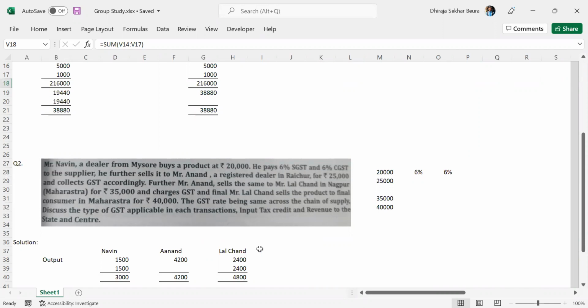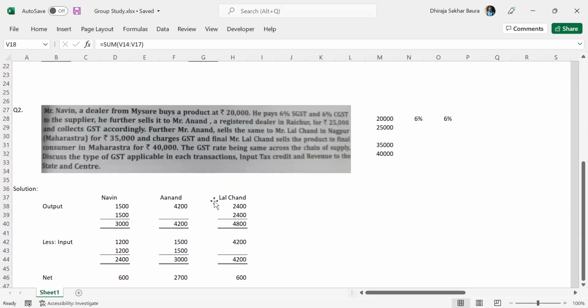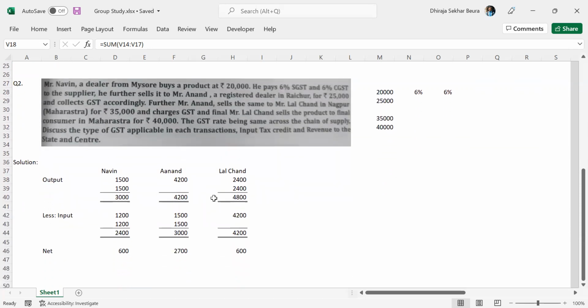Let's calculate the tax being paid by Mr. Naveen, considering the input tax available to him. Both the purchase and sale are intrastate, within the state only, so in both, SGST and CGST will apply.